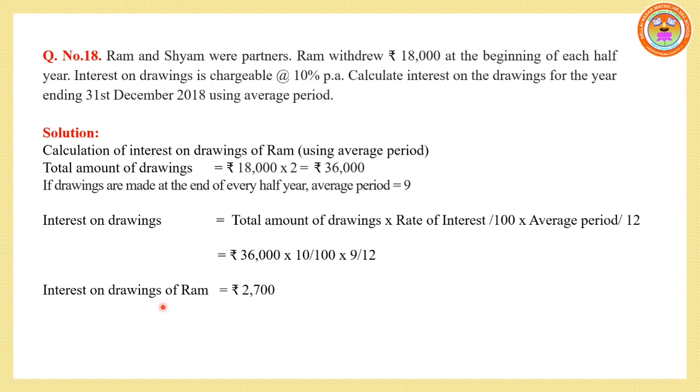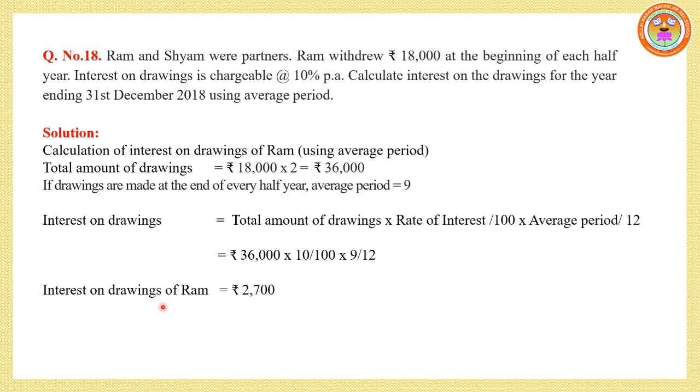So your duty is to get the formula for these three methods: direct method, product method and average period method. Under average period method, monthly, quarterly, half yearly. Under monthly, three situations are there: beginning of each month, middle of each month, and end of each month.